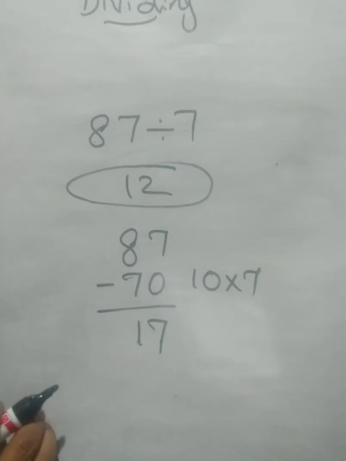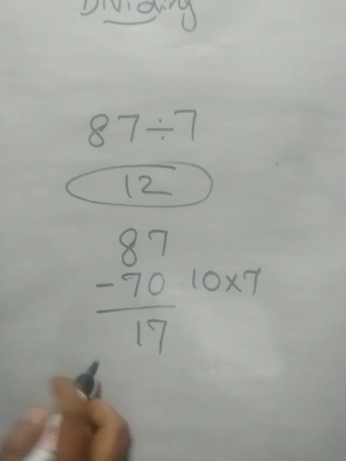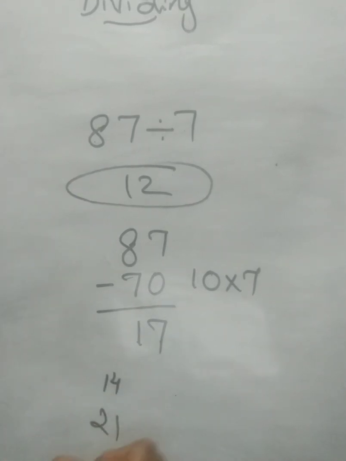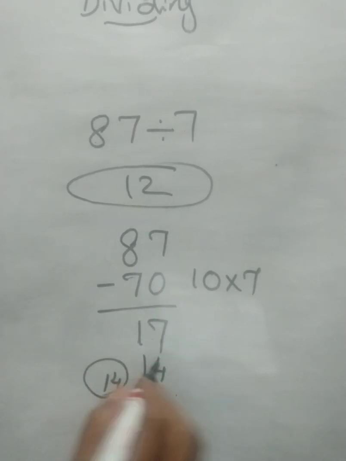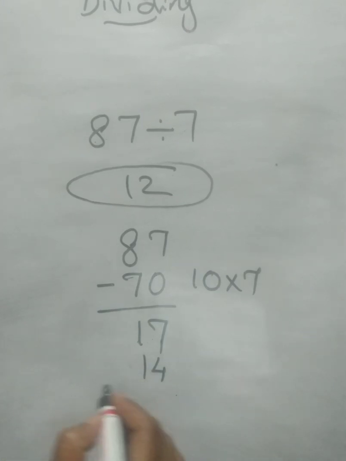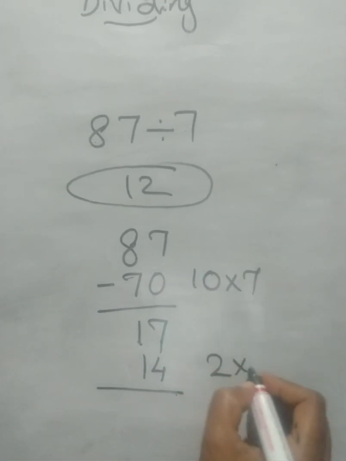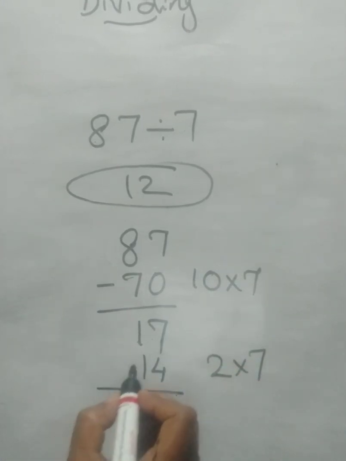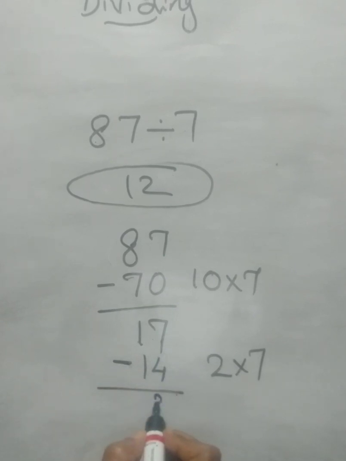So what can we do? 1 seven is 7, 2 sevens are 14, 3 sevens are 21, like that way. 14 and 21 is there. Can't take 21. We know that this 21 is greater than 17. We have to take 14. So, how many 7s are 14? 2 sevens are 14. Then subtraction. 3 is there.